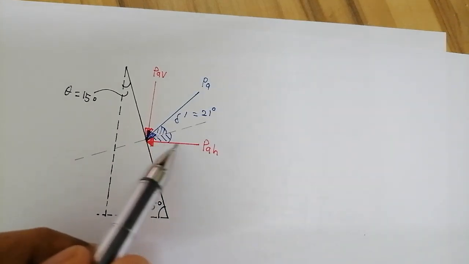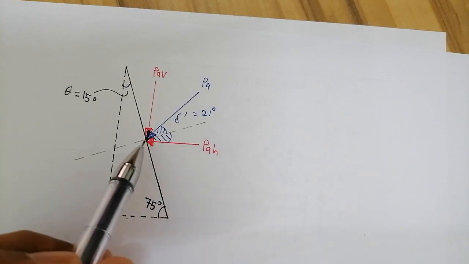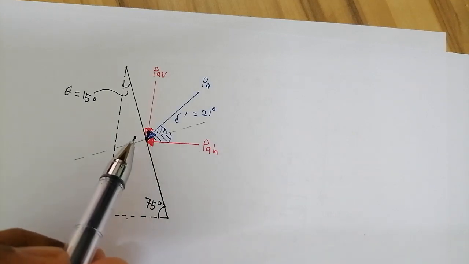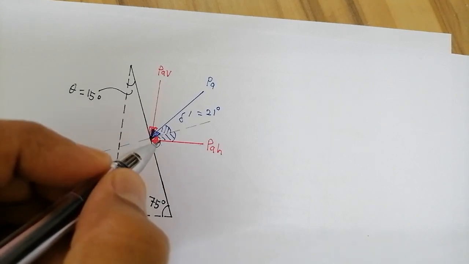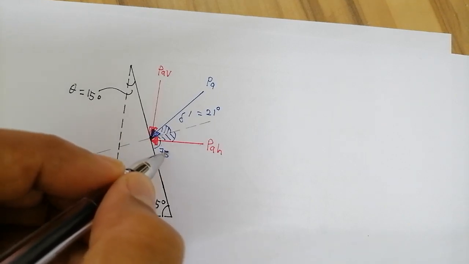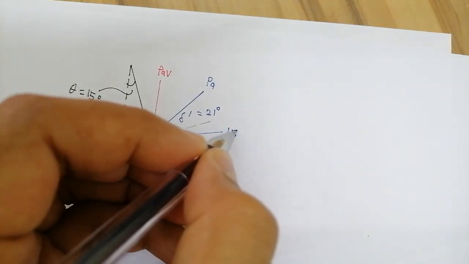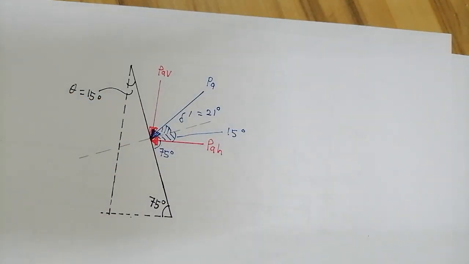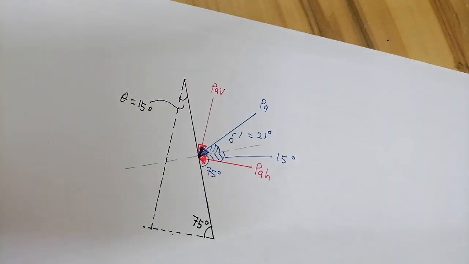This line and PAH are parallel. So therefore, this is also 75. This is basic math, you guys. So this is 75. Therefore, this angle is 15 degree, right?